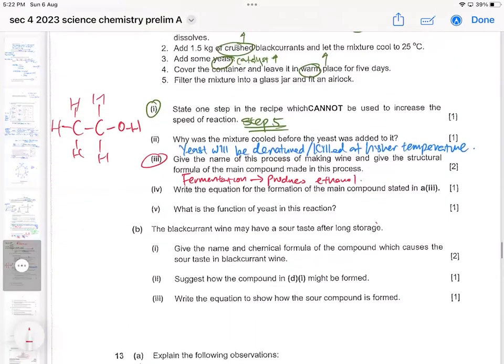The equation, is it important? I don't feel it's that important, but let's put it here. Sugar is C6H12O6. Ethanol, based on the formula here, is C2H5OH. And the byproduct of fermentation is carbon dioxide gas. For balancing, we always try to remember it's a 2-2 behind.